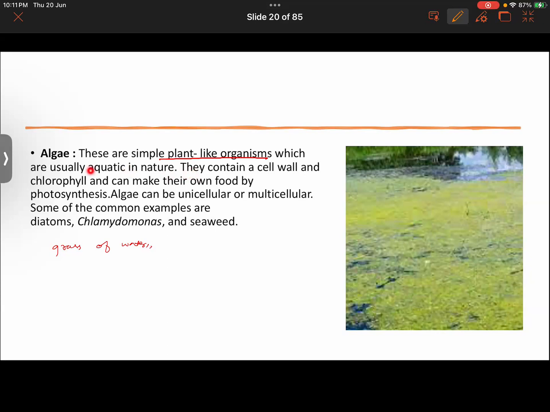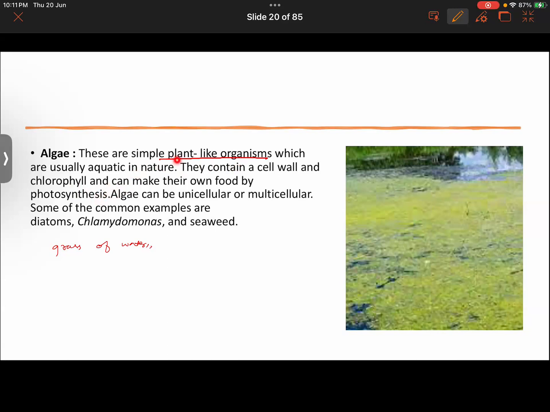Now, algae are photosynthetic in nature because they have a green pigment called chlorophyll in them. We know that usually plants are photosynthetic, but algae, which are microorganisms, are also photosynthetic. So doesn't that make them plant-like organisms, since they can also perform photosynthesis?